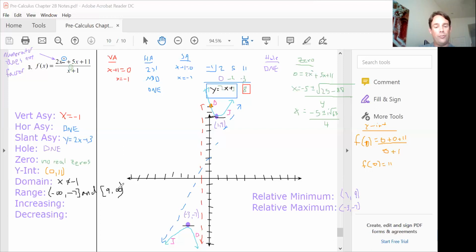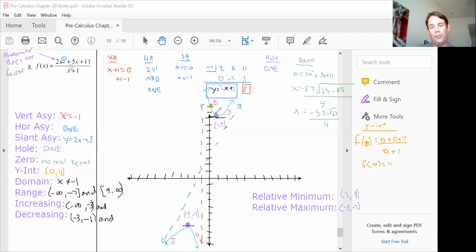All right, increasing and decreasing domain. Remember, increasing and decreasing, those are x values, not y values. So I'm going from -infinity, since it's increasing here, -infinity up to -3. That's a parenthesis there. And then I went from -3 to the asymptote, -1, and I go up to the top.